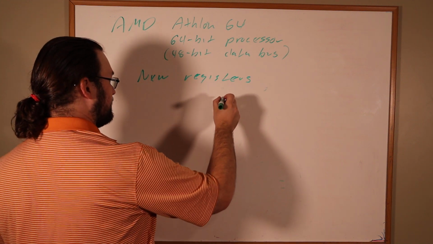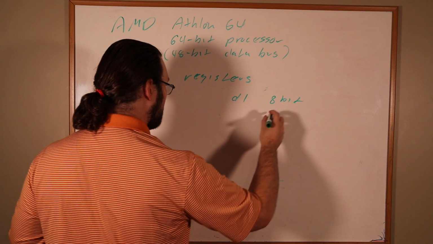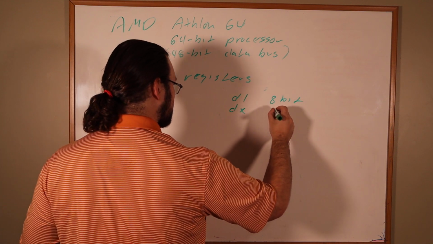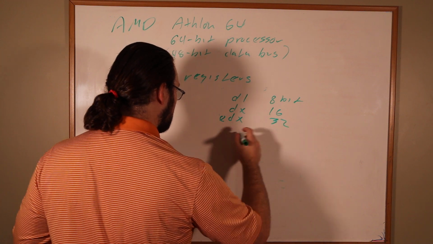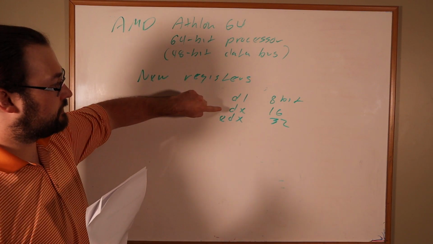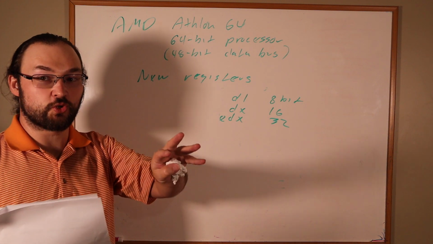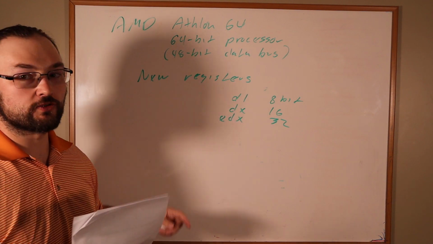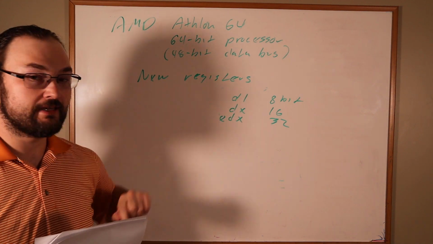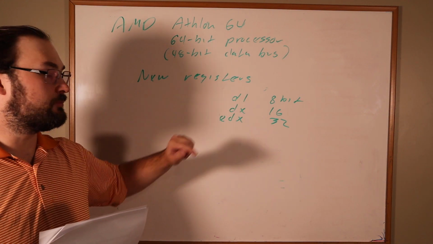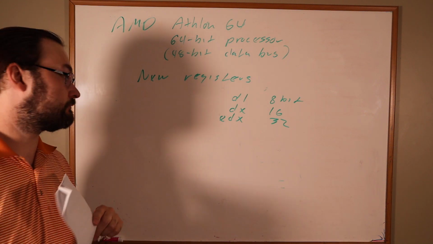So if we have the DL register, it is 8 bits, the DX is 16, the EDX is 32. I think there may have been a historical machine where the 8-bit version was just called D, and so I really want DX to stand for extended to 16-bit, and then 32 is the extended register.